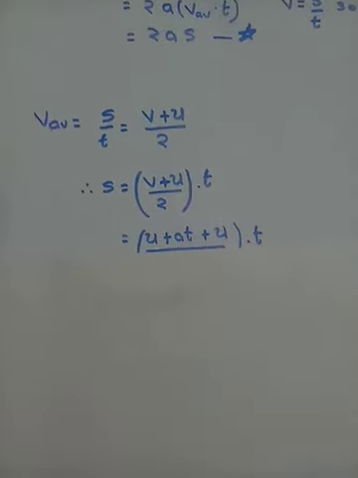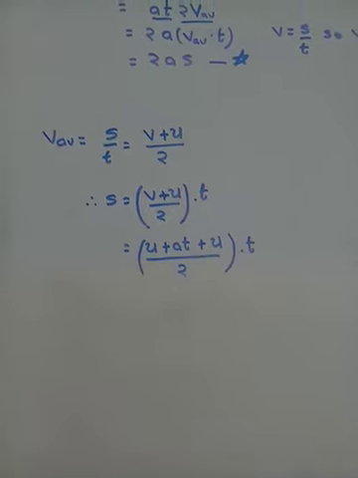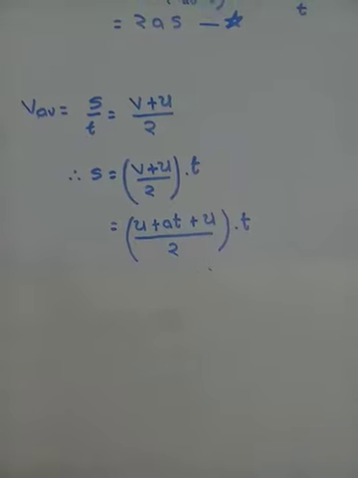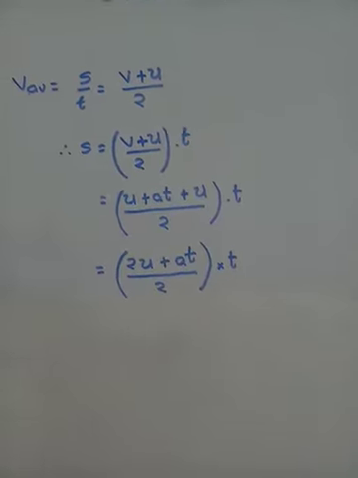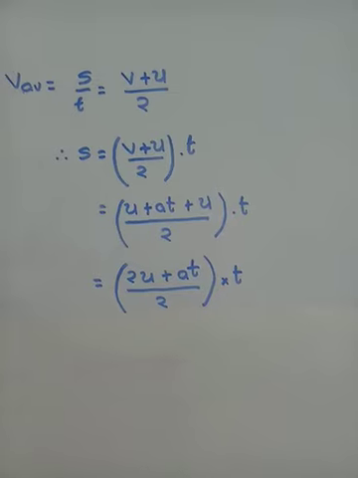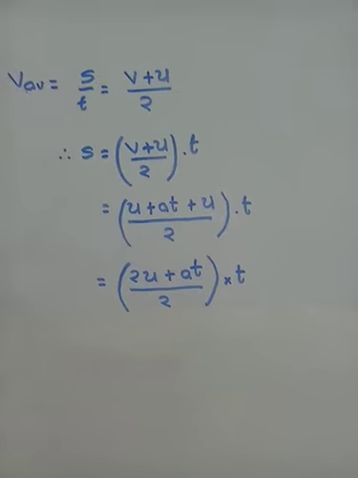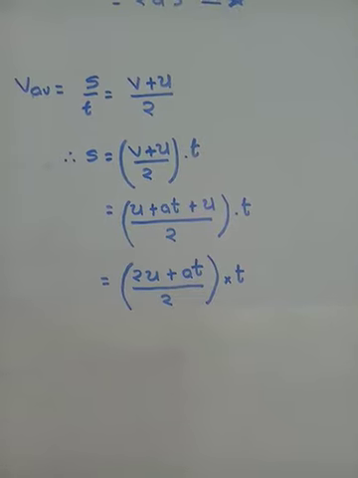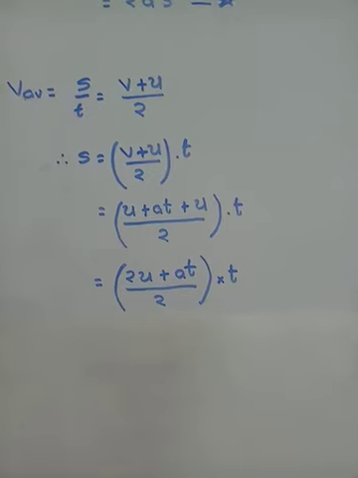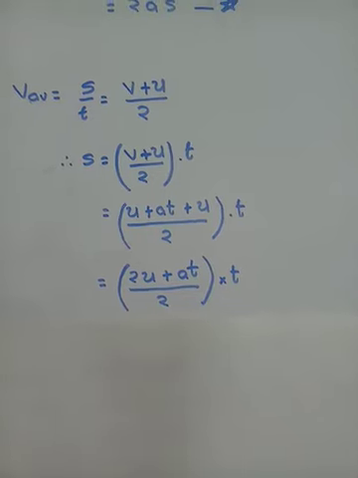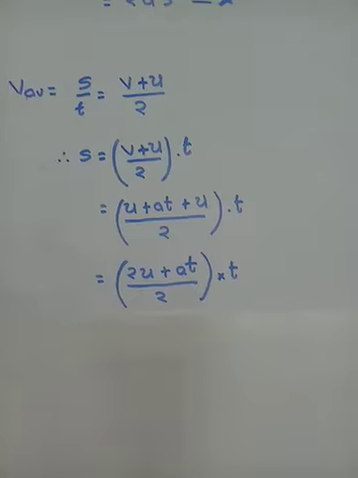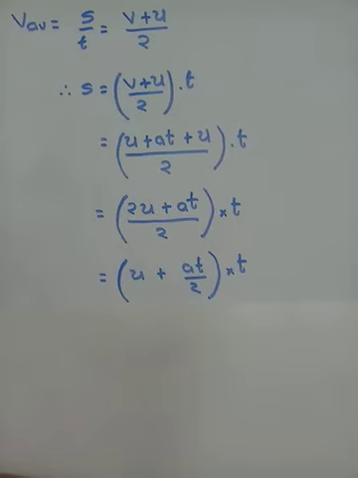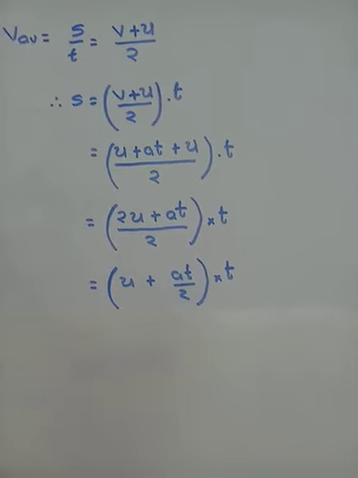See that? The second term u remains as it is, and of course there is a denominator 2 over here. Now what does this become in the next step? u and u become 2u plus at, by 2, into t. Simple one, only u and u are added to become 2u. Now in the next step, whatever quantity is inside the bracket, we split it. After splitting, the 2 and 2 will cancel, and 2 will be taken as the denominator of at.